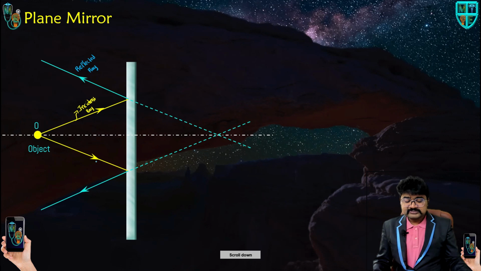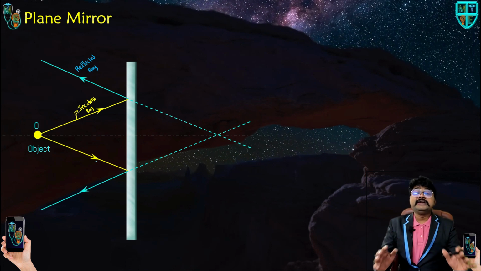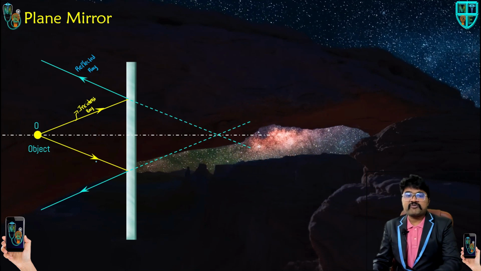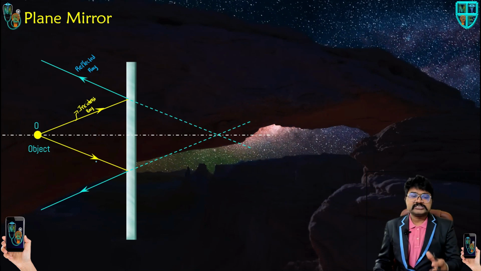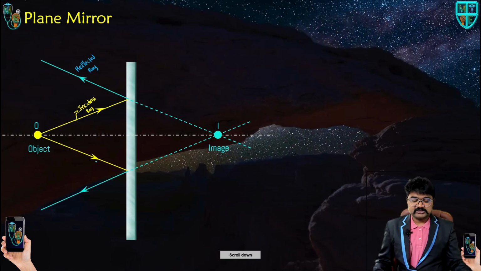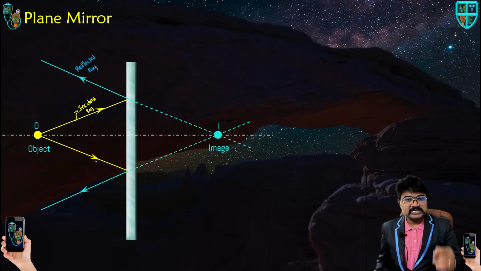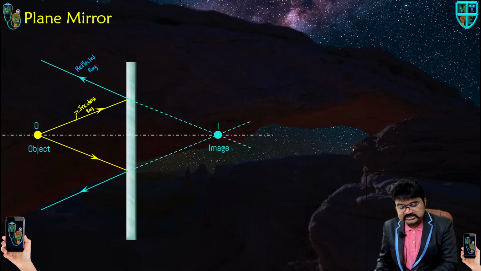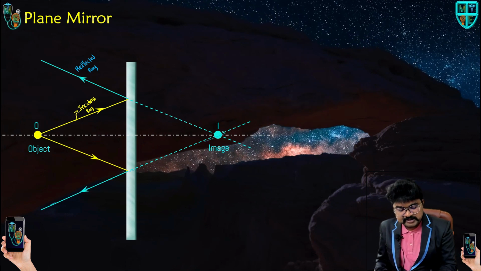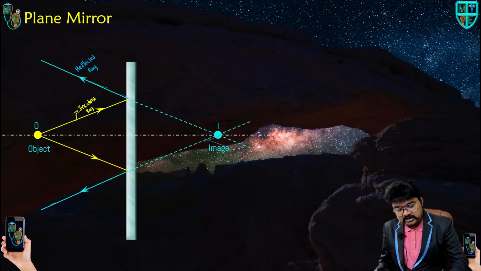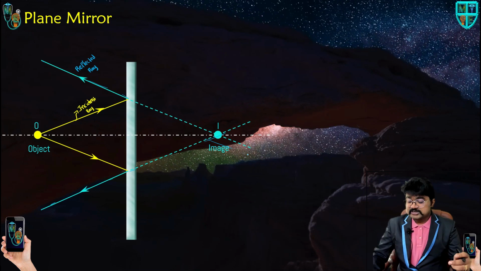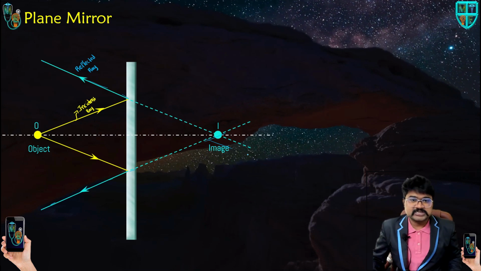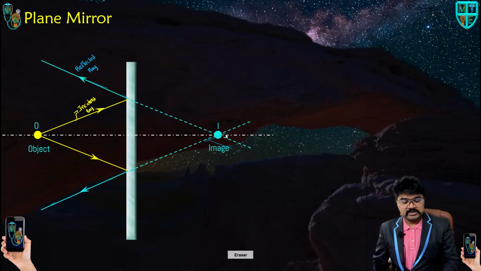Now, the point of intersection of the extension of these reflected rays is nothing but the image. This is the image. Here we are extending the reflected rays. The point of intersection of the extension of the reflected rays is nothing but the image.